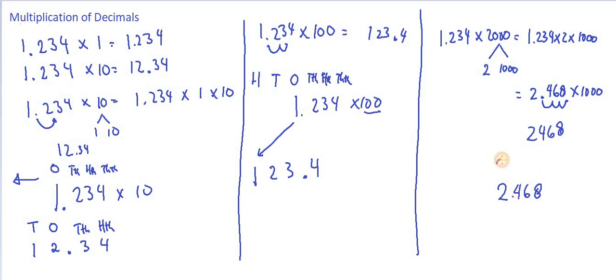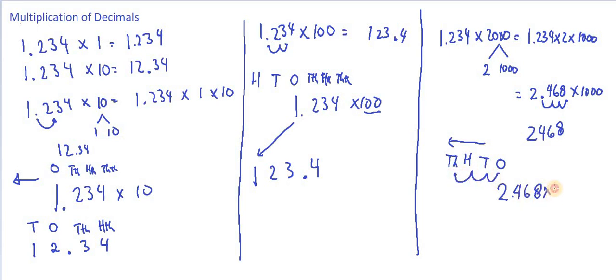Okay, if we use the place values, it's the same thing. 2.468, this one is in the ones place. If you move 3 spaces to the left, then let's just list down all the place values. We have ones, and then tens, hundreds, and thousands. So if we move 3 steps, right now this one is in the ones place. 1, 2, 3, right?